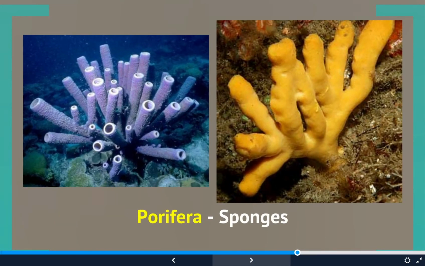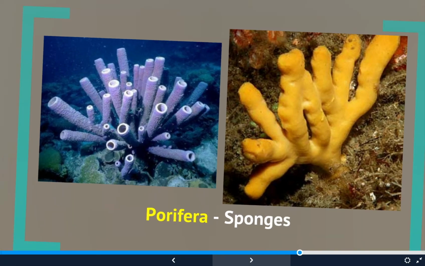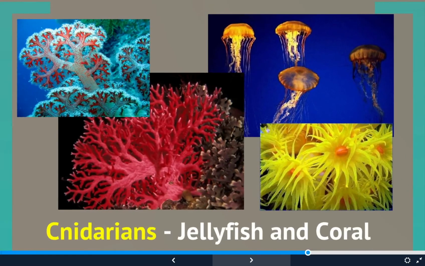After kingdom comes phylum. Phylum is some of these. Porifera are sponges. Cnidarians, the C is silent, so cnidarians are jellyfish and coral.